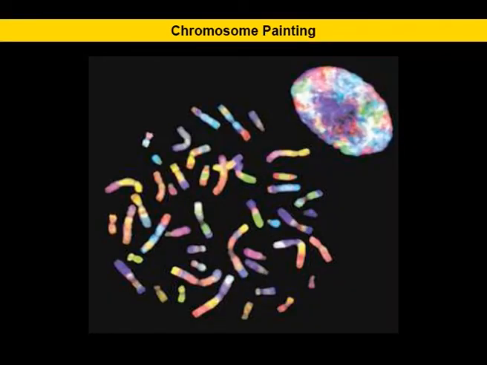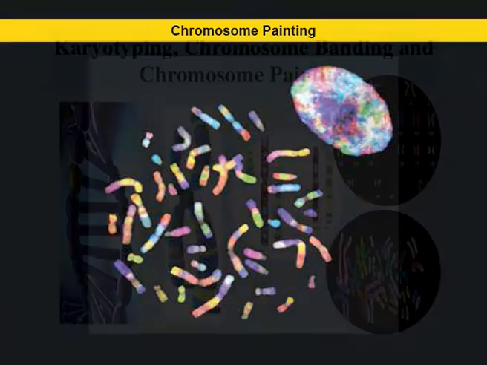The simultaneous hybridization of multiple chromosome painting probes, each tagged with a specific light emitting fluorochrome, has resulted in the differential color display of human and mouse chromosomes, which is also called color karyotyping.